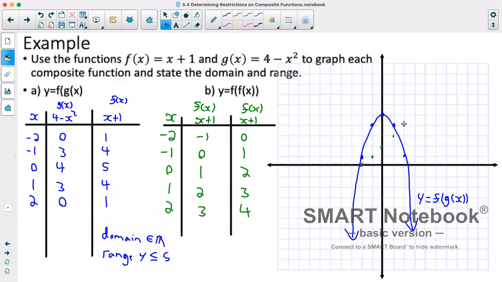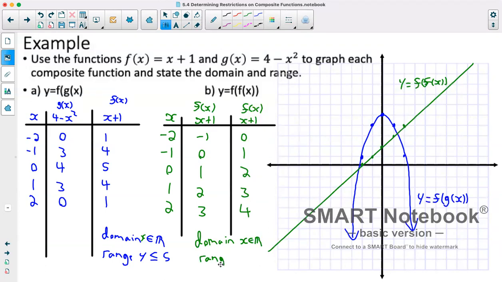And 2, we are at 4. Okay, so that would be our graph of y is equal to f of x. So that's going to be domain is all real numbers. And our range is all real numbers.